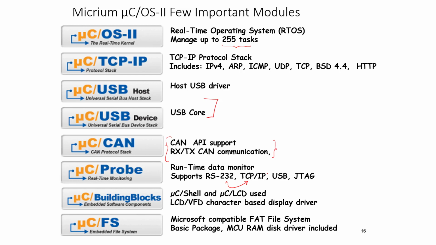It also supports a basic shell, which can be used to talk to the OS and invoke kernel services, and also an LCD display. The file system is the regular FAT file system, which is also what USB drives and CD drives use. And it also includes a few other drivers, or let's say drivers can be written and they can be included with the basic muCOS source code.